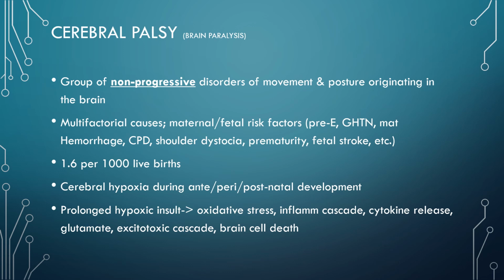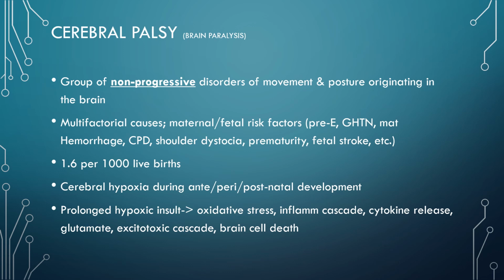And then we also see strokes in the fetal period. So any of these hundreds of potential causes that decrease blood flow to the developing fetal or neonatal brain can cause damage to the motor tracts. So 1.6 per 1,000 live births, it's a pretty high number.